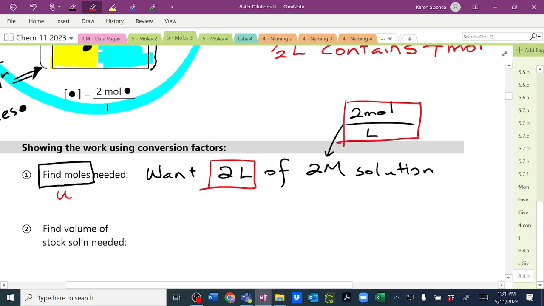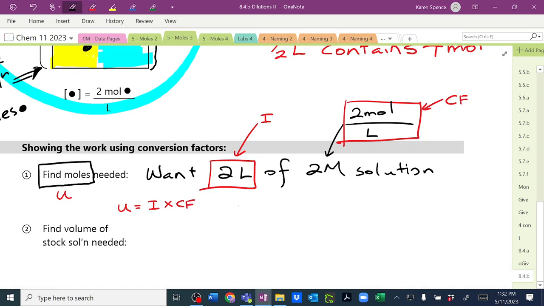Which of those is a conversion factor? 2 moles per liter, because it's got 2 different units we can convert between moles and liters. So that's our conversion factor. And that means that the 2 liters is our initial quantity. Our unknown is equal to the initial quantity times the conversion factor.